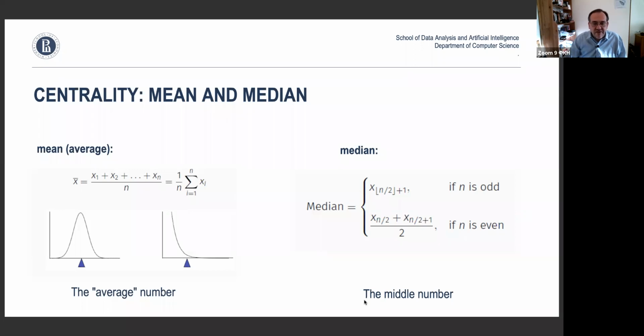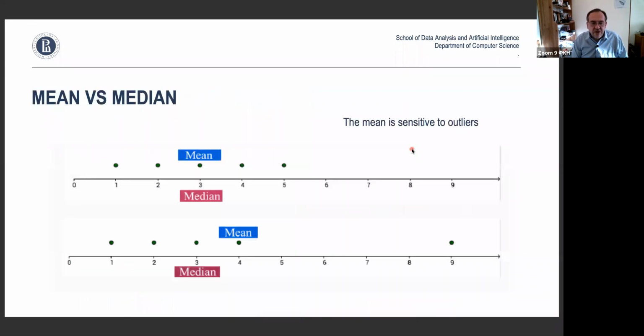And then there is a formal definition of median, which says if you have an odd number of numbers in your data set, it's really just whatever sits in the middle, right? If you have 5 numbers and you order them, this is going to be number 3. And if it's even, well, you take the average between those two numbers. So that's the formal definition. Now, I want to show you a few examples of why it is important.